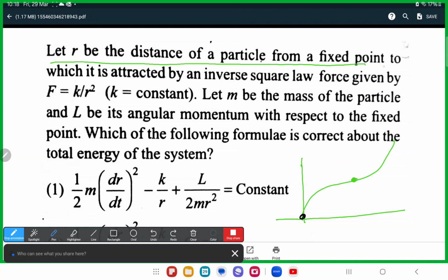This is a fixed point which is attracted by the inverse square law. Coulomb's law and the gravitation law are all inverse square laws. This is the basic expression of it. If m is the mass of a particle, and L is the angular momentum.